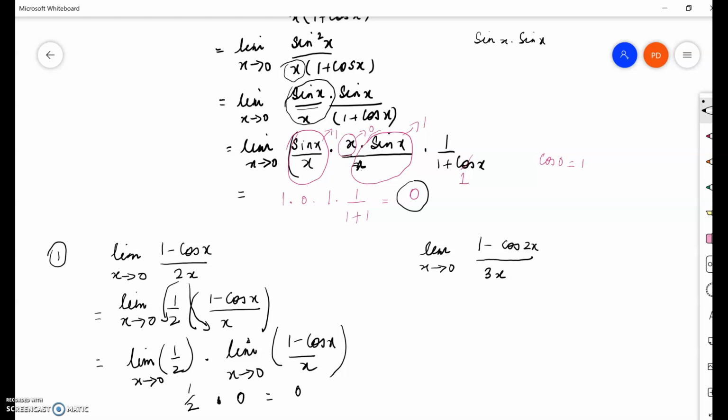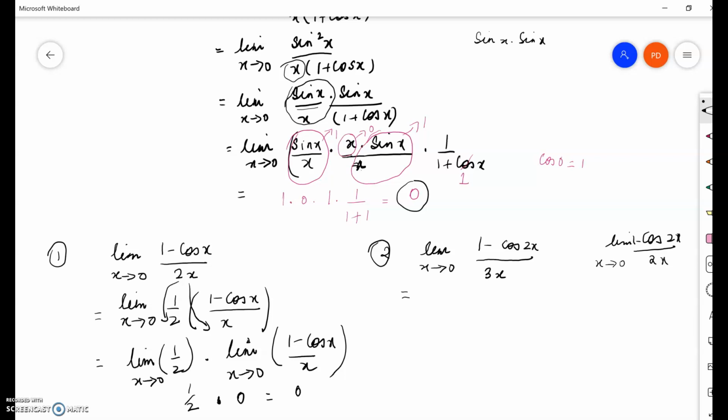Now limit of 1 minus cosine 2x over 3x. So that's the second problem. Remember, we are looking for the same pattern. And what's our pattern? Limit of 1 minus cosine of 2x divided by, I want to see a 2x in the denominator. And if x approaches 0, I could make that equal to a 1 because that's what the theorem says.